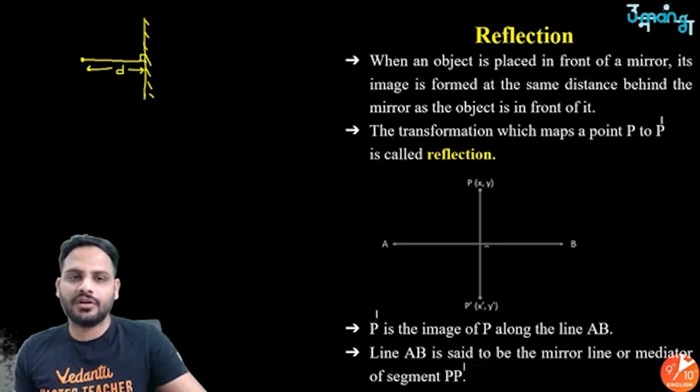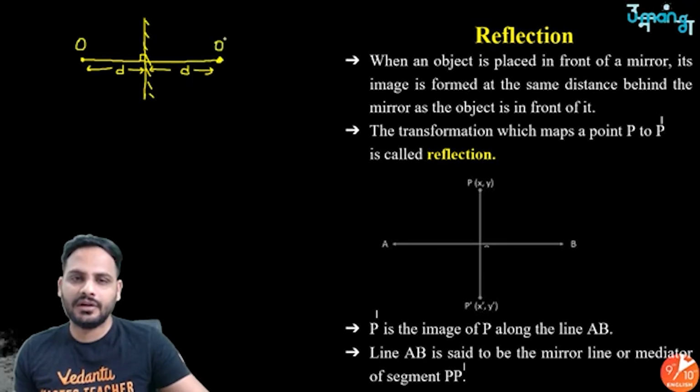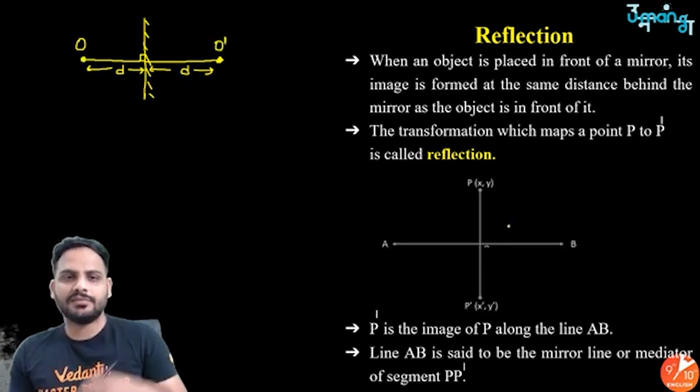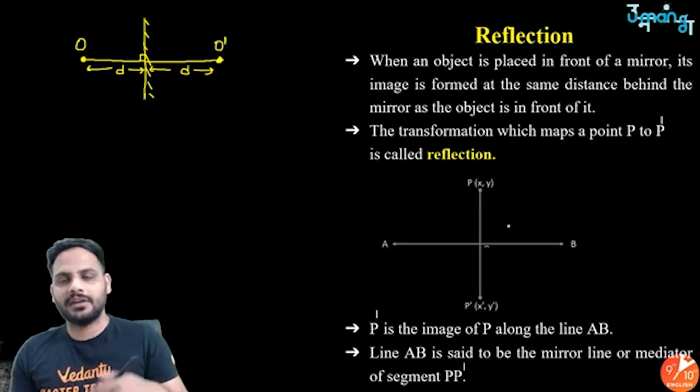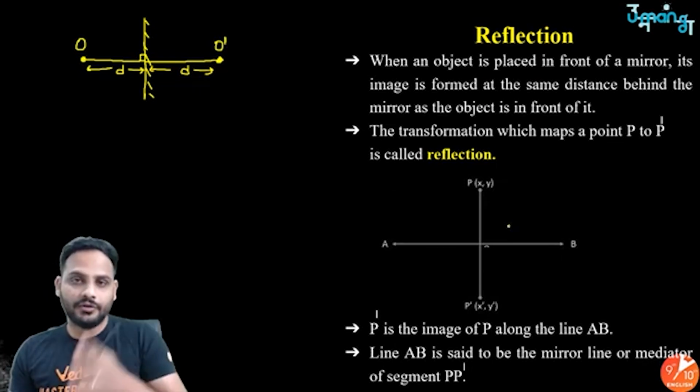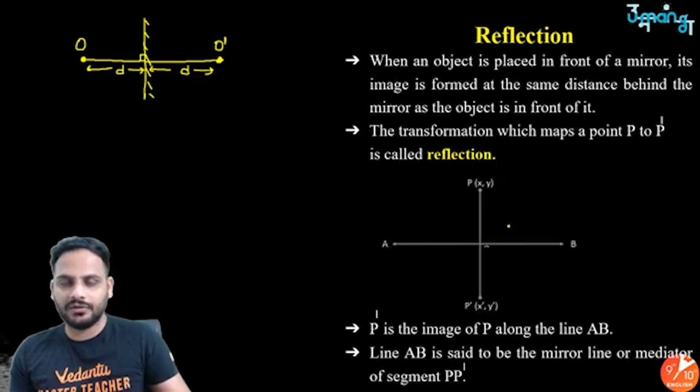So the image also is going to be at a distance d backwards, somewhere over here. So if this is your object, this will be your image. Yes or no? Correct. That is what your reflection means. The distance of the object and the image from the mirror is always equal.